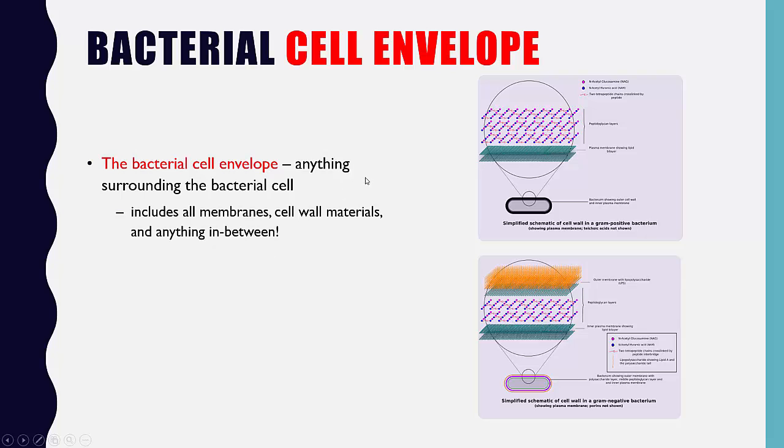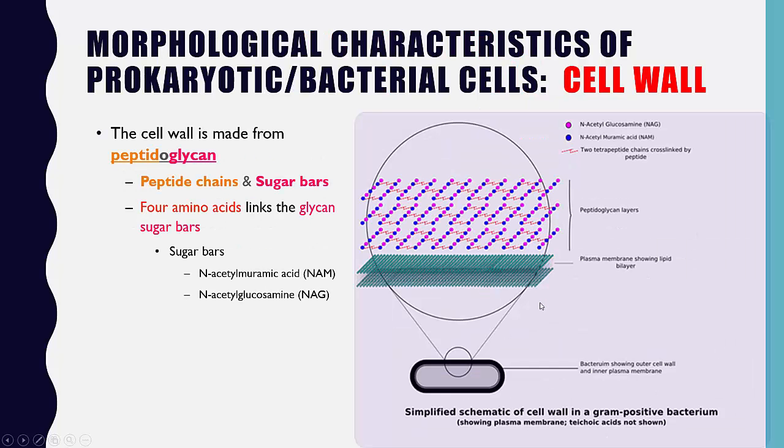When we talk about the cell envelope, we're talking about anything that surrounds the cell. So for a gram-positive bacteria, it's one cell membrane and the cell wall. If we're talking about gram-negatives, you have an inner membrane, an outer membrane, and sandwiched in between is the peptidoglycan.